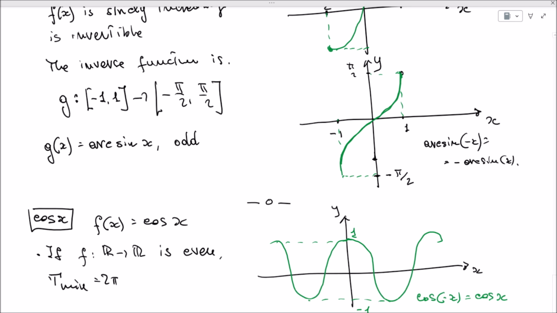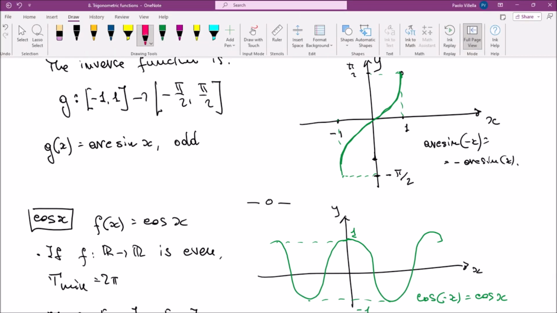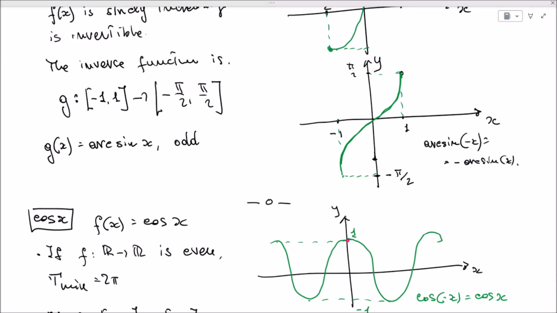Again, we can restrict this function f from the interval 0, pi to minus 1, 1, which is just like saying that we are now considering only this part of the function.